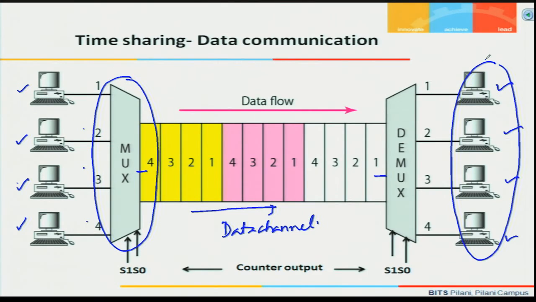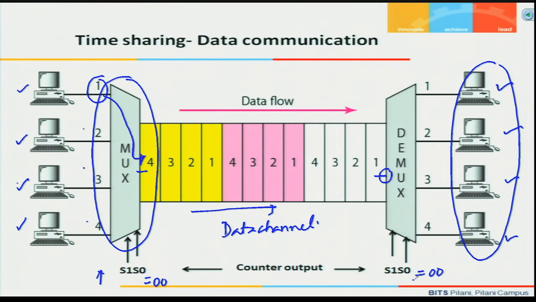So if my S1 and S0 are both 0, 0 at the transmission end as well as at the receiving end, a multiplexer picks my input I1 and makes it available on the output line, which also is made available as an input for the demultiplexer.